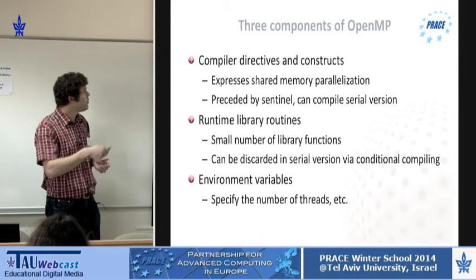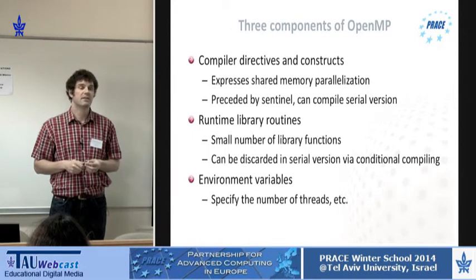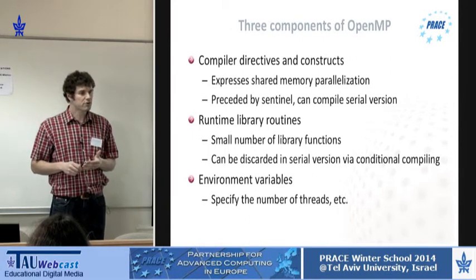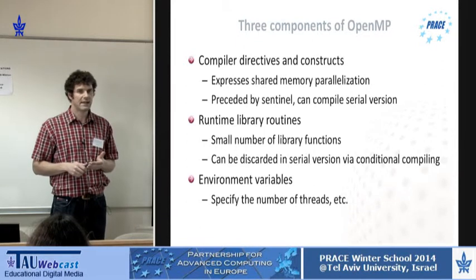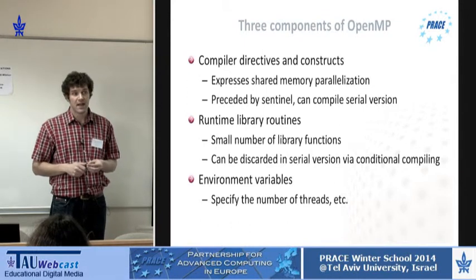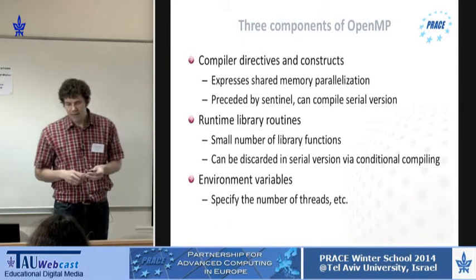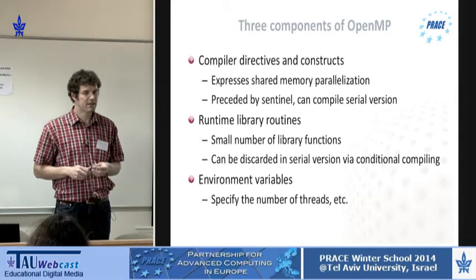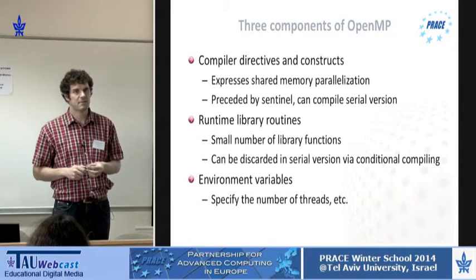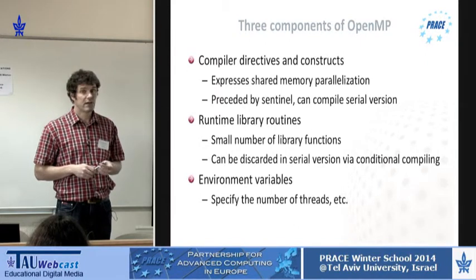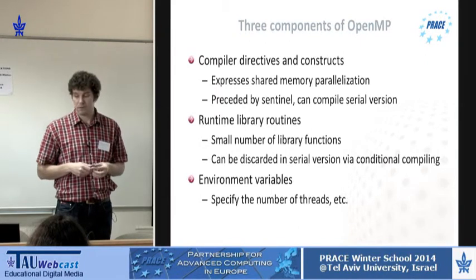The way these compiler directives work is that in Fortran code, if you're not compiling it as OpenMP, they look like comments. While in C, you use a pragma-like syntax. There's some pragma something, which is also something that the compiler will ignore when you're not compiling as OpenMP code.